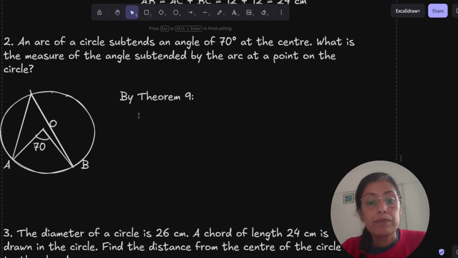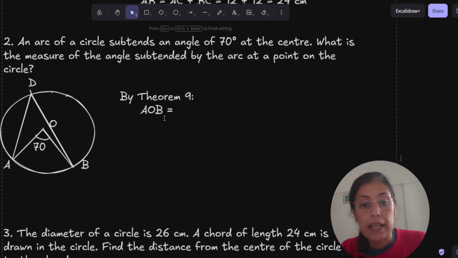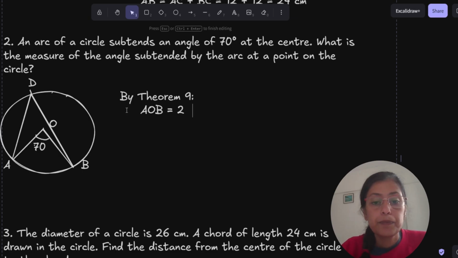So here by this particular theorem, I'll call this point D. Okay. So by this theorem, our AOB angle, which is the angle subtended by arc AB at the center, this should be twice of the angle. And right here, angle AOB is twice of angle ADB.